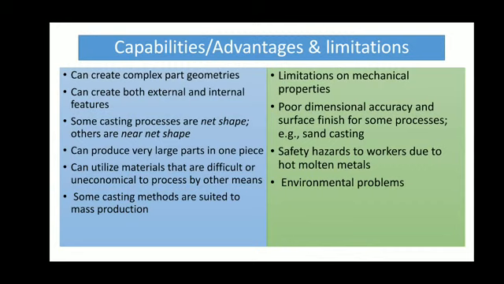Now, what are the capabilities or advantages and limitations? With the help of this casting process, we can create complex part geometries. We can create both external as well as internal features. Some of the casting processes are net shape and others are near net shape. Net shape means in a single go we can obtain the final desired product geometry.